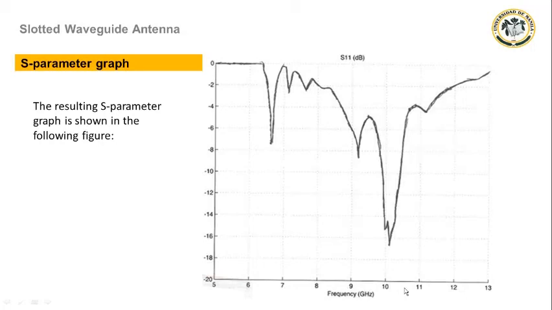Note that there is also a resonance at about 6.7 and 9.2 GHz. Below 6.5 GHz, the waveguide is below the cutoff frequency and virtually no energy is radiated. The S parameter graph shown above gives a good idea of what the bandwidth and the frequency characteristic of a slotted waveguide will resemble.